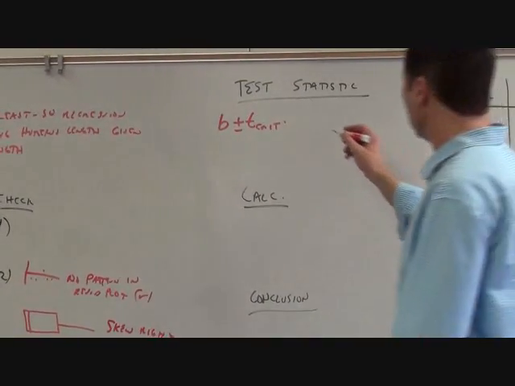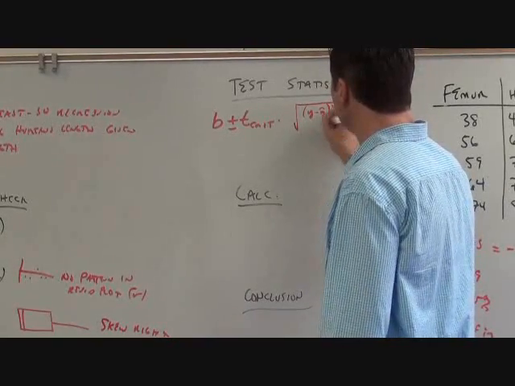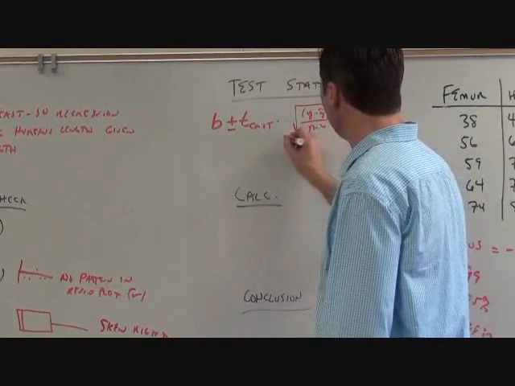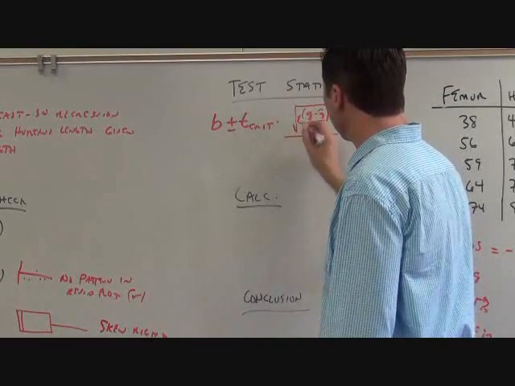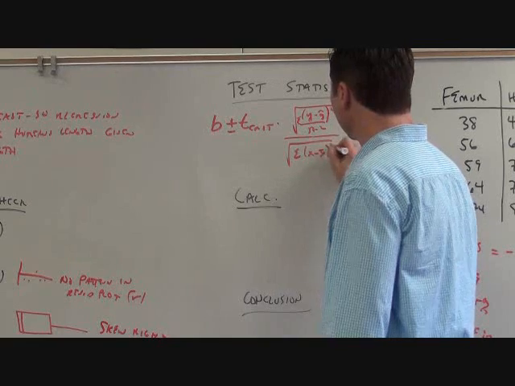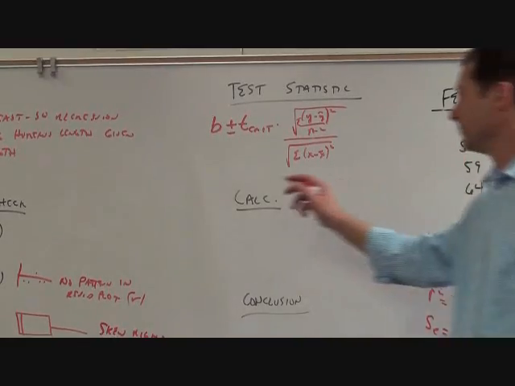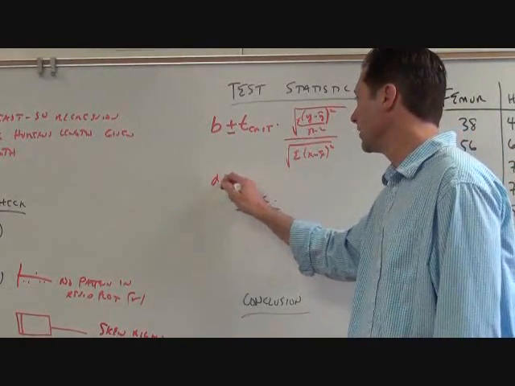Numerator: the summation of y minus y hat squared over n minus 2. The denominator is the summation of x minus x bar squared. It's bivariate data, so our degrees of freedom is n minus 2.